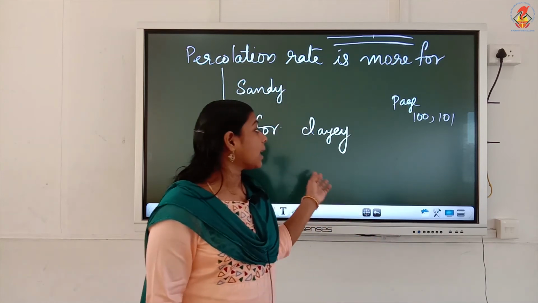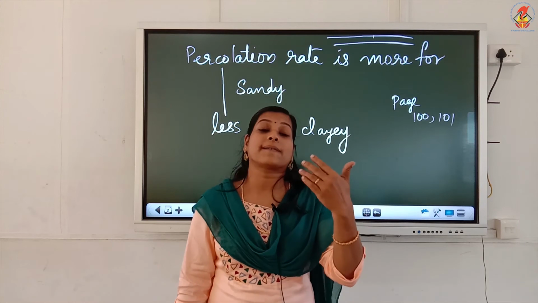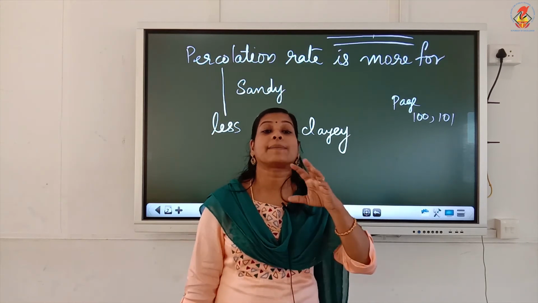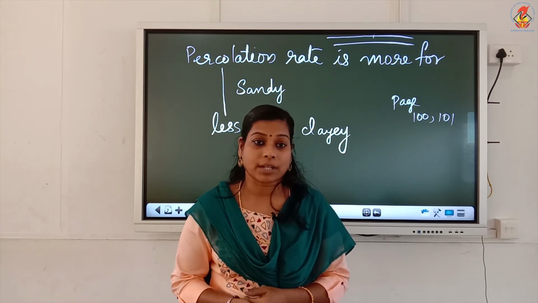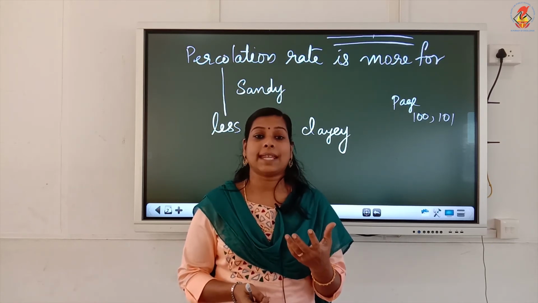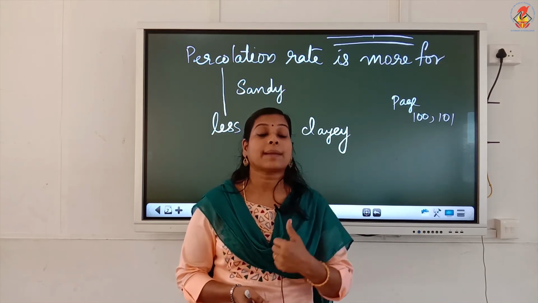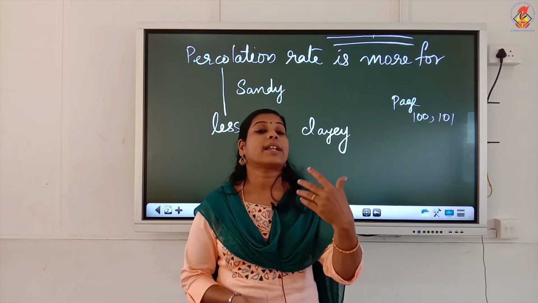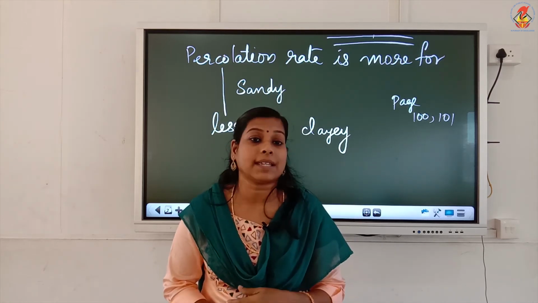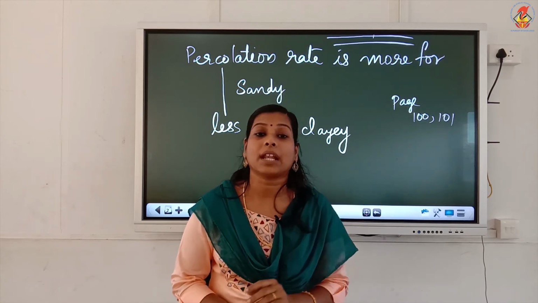Then we can see another property of soil, that is water absorbing capacity. Soils can absorb water, isn't it? We have seen that sandy soil dries quickly. Water absorbing capacity is less for sandy soil, whereas it is more for clay soil and moderate for loamy soil.